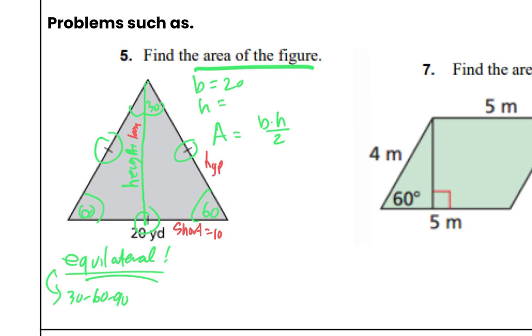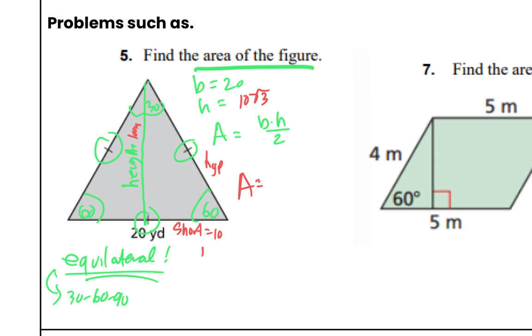Well, if we're trying to find the long from the short, we're going to take the short and multiply times the square root of 3. So we're going to say the height is 10 times the square root of 3, right? That's what we're going to calculate from there.